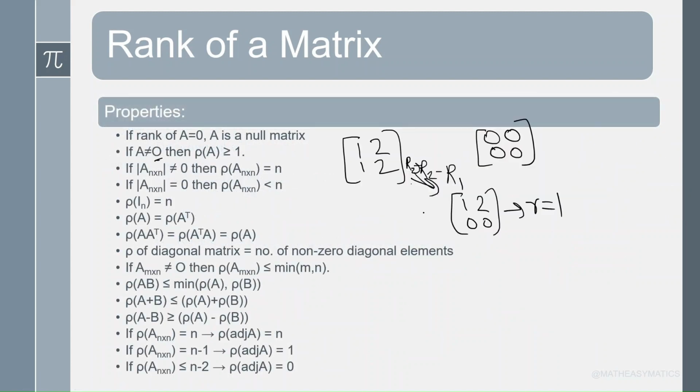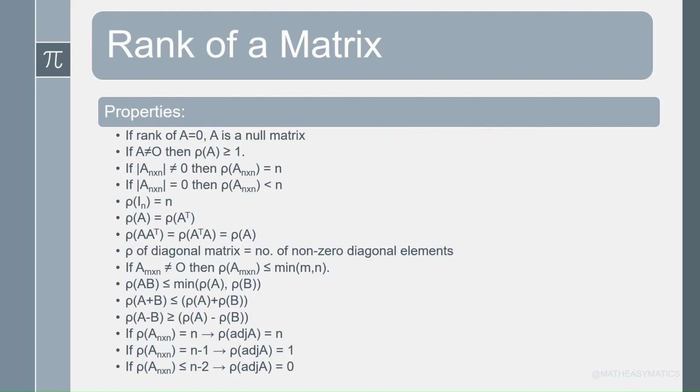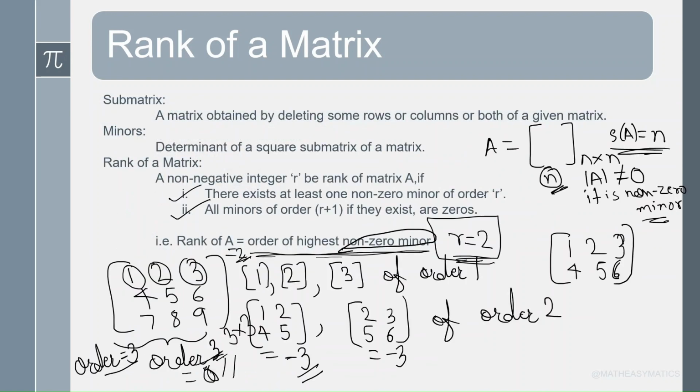Our next point is, if determinant of A, n cross n, equals 0, then rank of A, n cross n, is less than n. To understand this clearly, let's go by the definition. Here it is given there exists at least one non-zero minor of order r, but it is given that mod A equals 0.